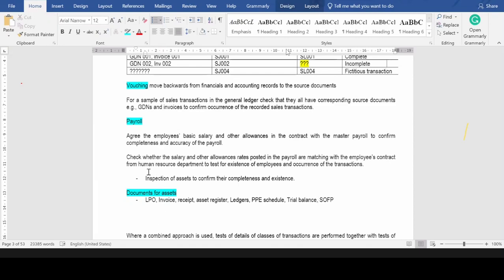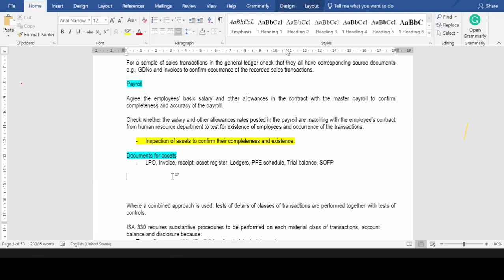Now, in inspection of assets, we can still move backwards, test for completeness, but also test for existence. So for example, for moving forward, we can say, agree the asset register to the general ledger and the PPE schedule.